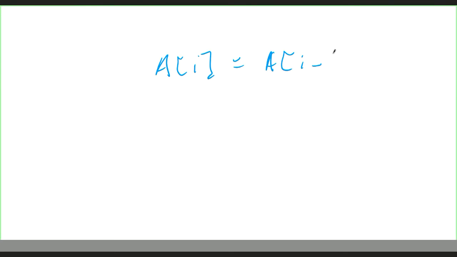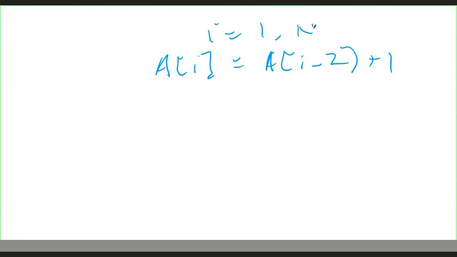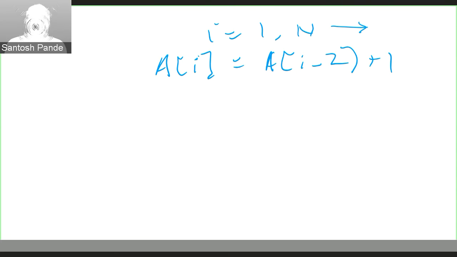If we have some simple loop here, A of I is equal to A of I minus 2 plus 1, I going from 1 to n, you can see what kind of loop this is. This is a loop which is going forward, increasing. And what kind of dependence is it? We are writing into, let's say, A10.